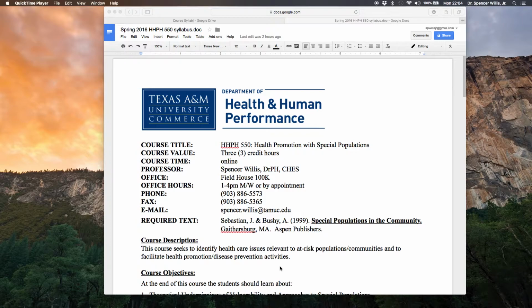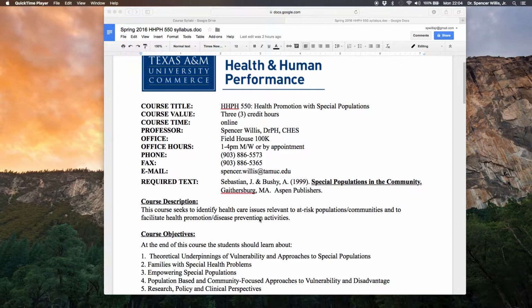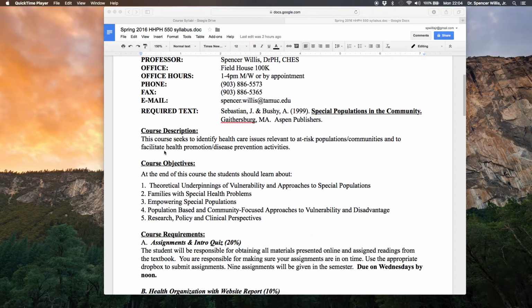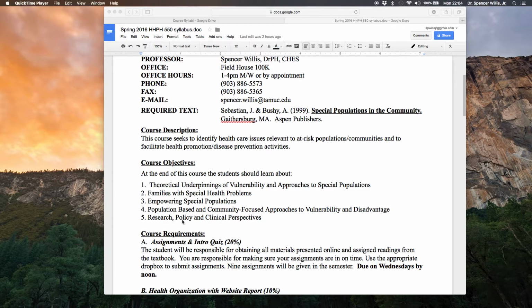So there are some case studies that look at race and ethnic groups, and some case studies that look at different non-ethnic groups, such as your LGBT population, or migrant farm workers, or subjects or populations of that nature. So just to give you an idea of what's expected or what's to come in a textbook. So you can read over the course objectives on your own. I'm going to go ahead and focus on the course requirements.